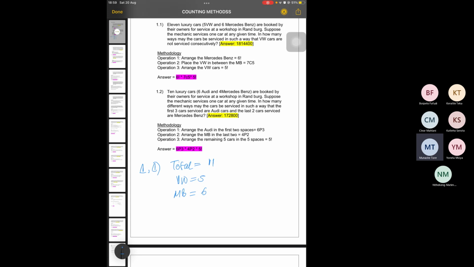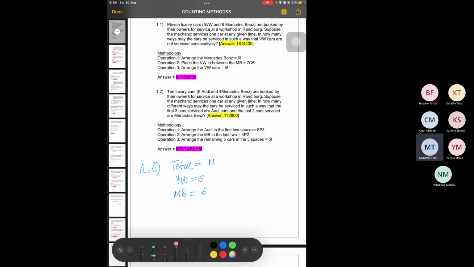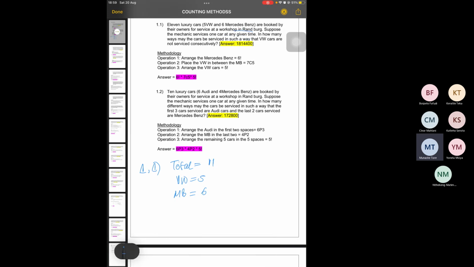Then suppose the mechanic services one car at any given time. Then in how many ways may the cars be serviced in such a way that the VWs are not serviced consecutively?